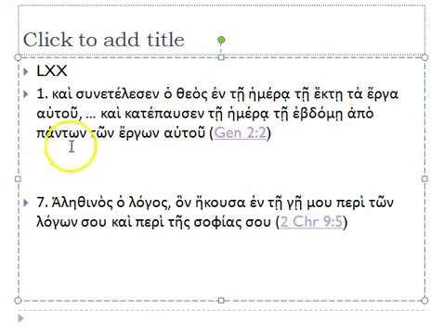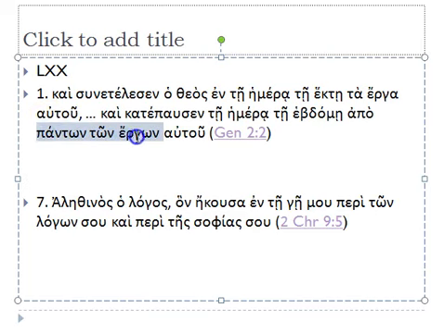Apo panton ton ergon autou. Apo ton ergon, you recognize, from the works. Autou, from his works. And then panton is an adjective, which we won't learn for a long time, but it means all. And it, in this case, obviously agrees with ton ergon. From all his works.